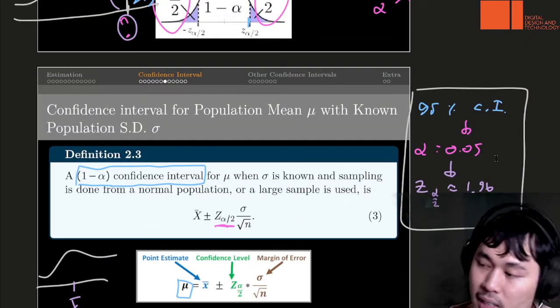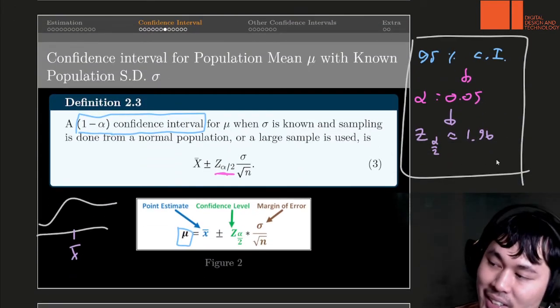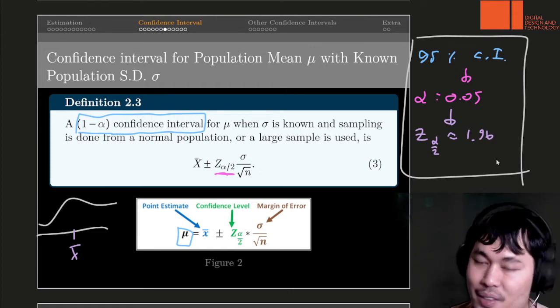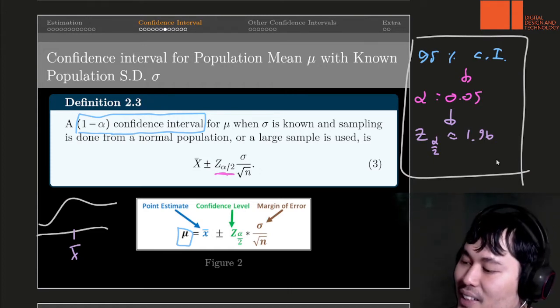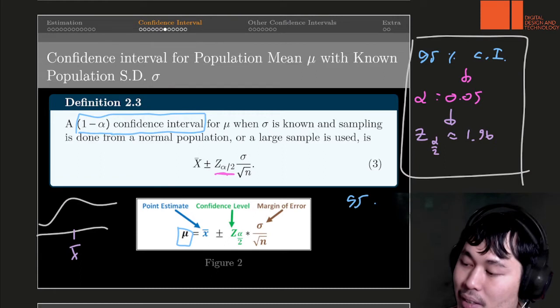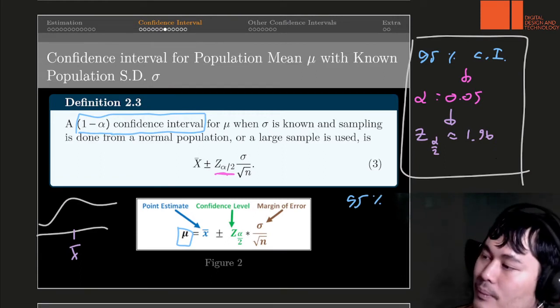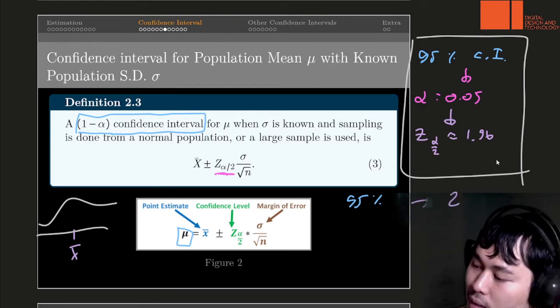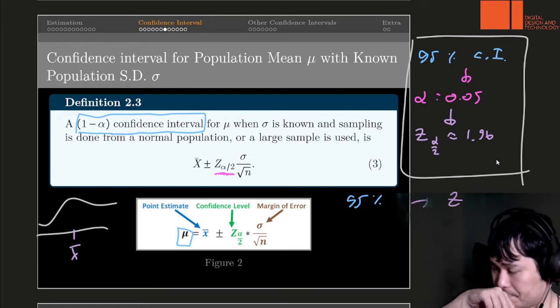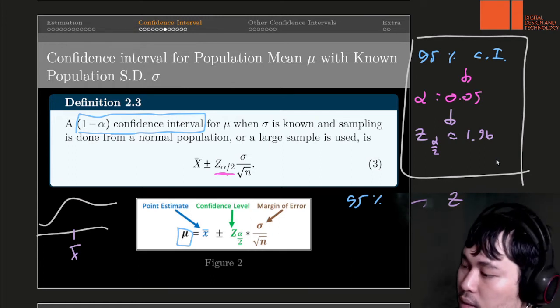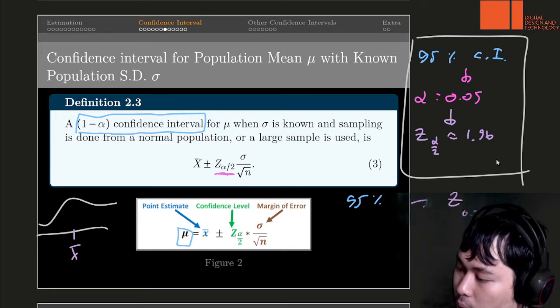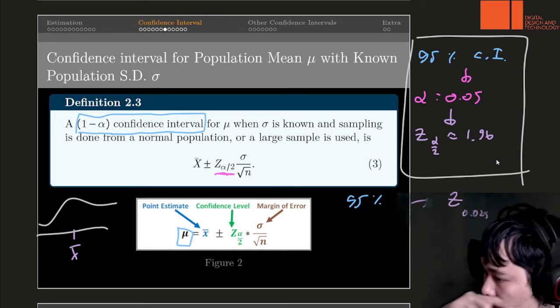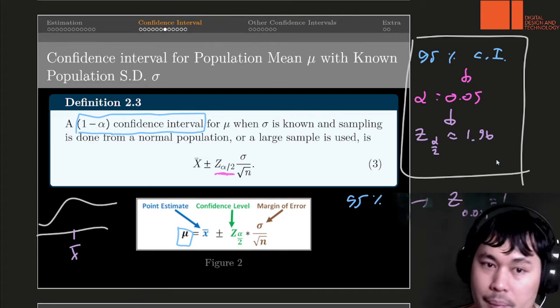But in theory, you are not going to use any random number. The most popular one is 95%, and the C value, actually, I should also write that this is 0.025. It's about 1.96.